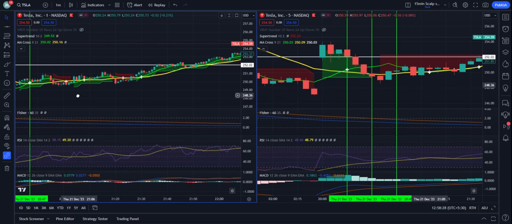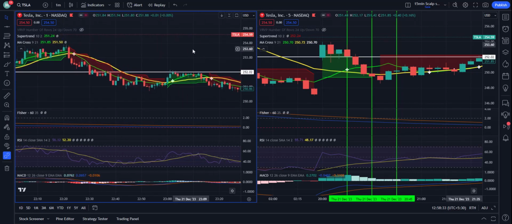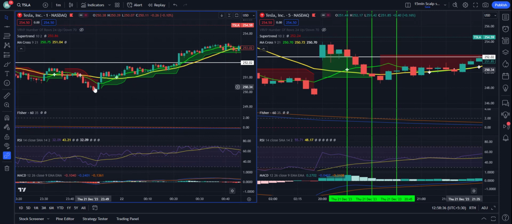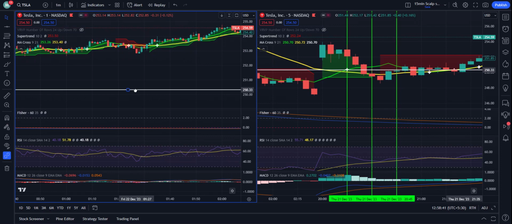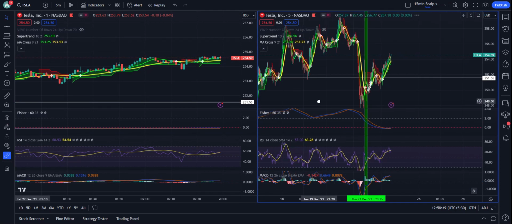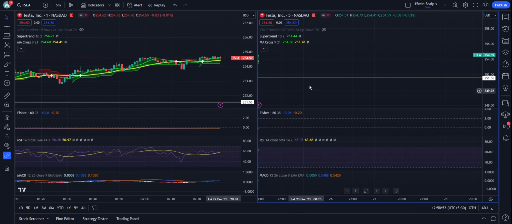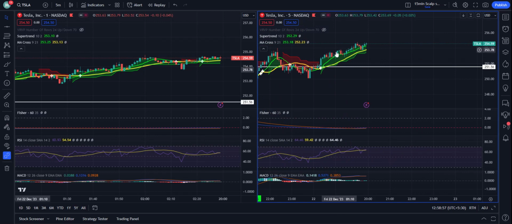Obviously, if we look later in the session, it got better. The trends got smoother and very transitory as well, and even in the 5 minute, if we zoom out and zoom back in, it's quite a trendy end of the session for Tesla, and it did quite like we expected it to do.